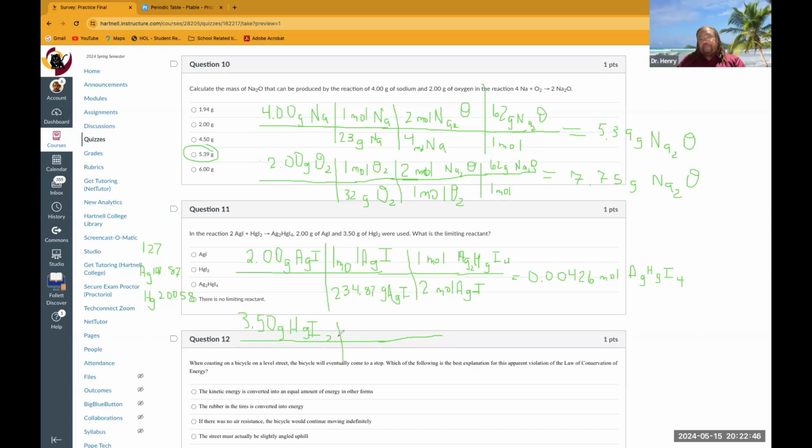Okay, so what's that? Okay, so we have 2 iodides. So that'll be what, 254 for I2.